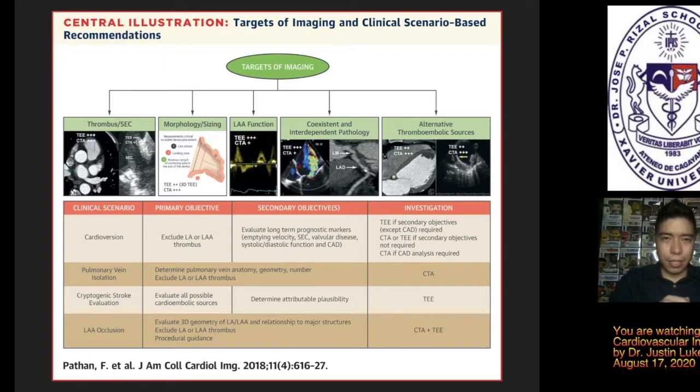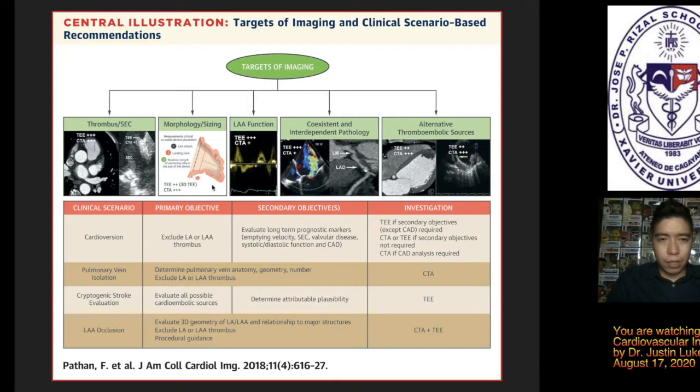So this is an example of how imaging is used in actual practice. So for example, we are dealing with a thrombus. In these cases, we have to determine what we want to know.